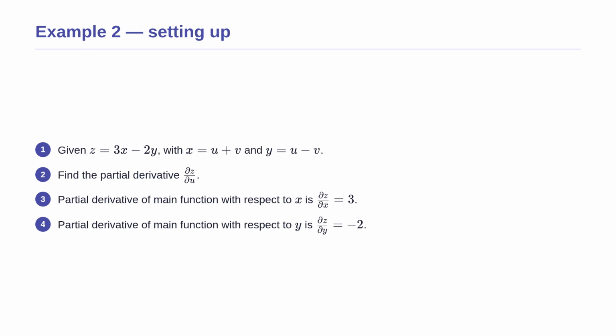We need to find the partial derivative of the main function with respect to the first independent variable, u. The strategy remains exactly the same as before, but we must be careful to use partial derivatives for every step. We begin by finding the partial derivative of the main function with respect to x, which is simply 3. Then the partial derivative with respect to y gives us negative 2.